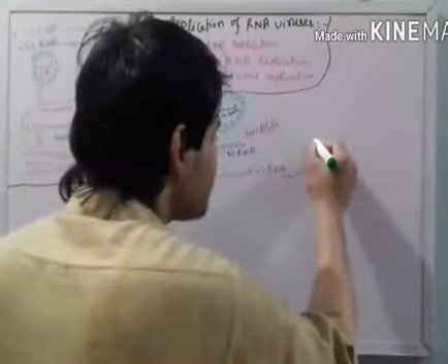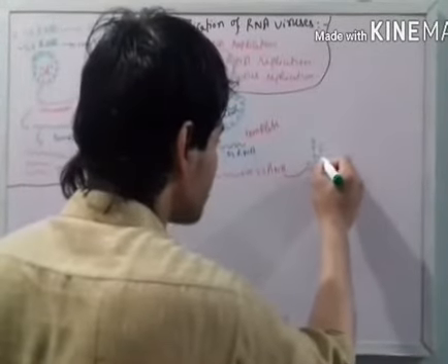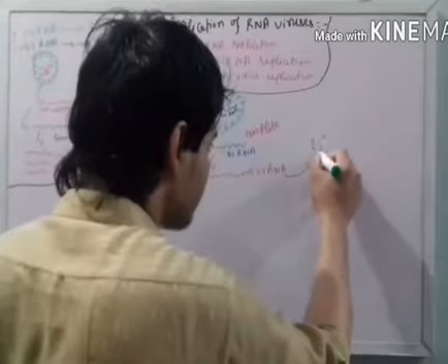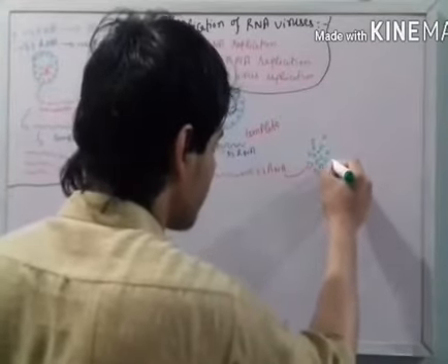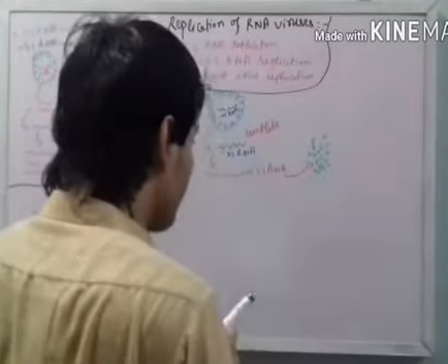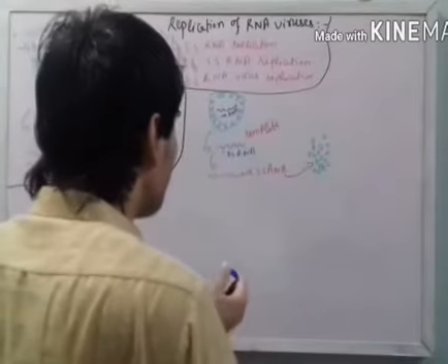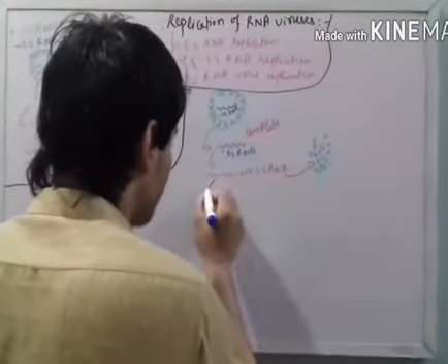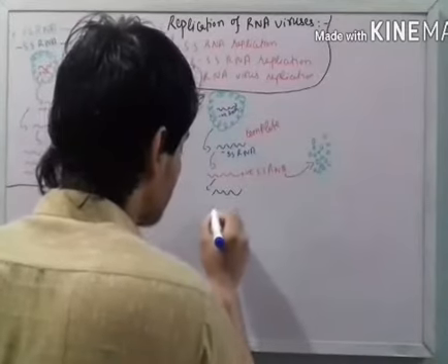First they produce the protein component, the viral protein structure. Once they produce viral protein structure, after that they produce more and more copies of negative-stranded RNA.